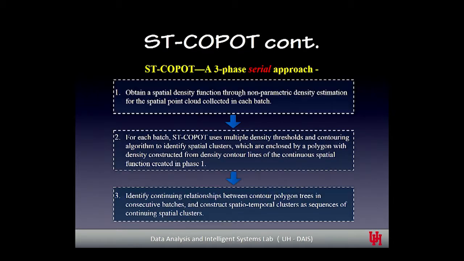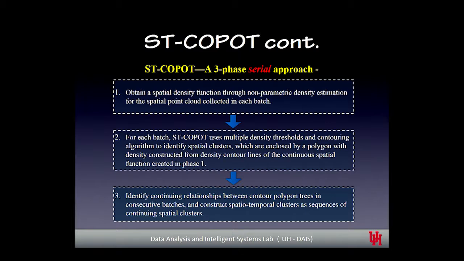Next is the overview of my algorithm. It's a three-phase serial approach. In the first phase, we get a spatial function: a density estimation of all the points inside each batch. In the next phase, we use all the points within one batch and identify the dense regions.